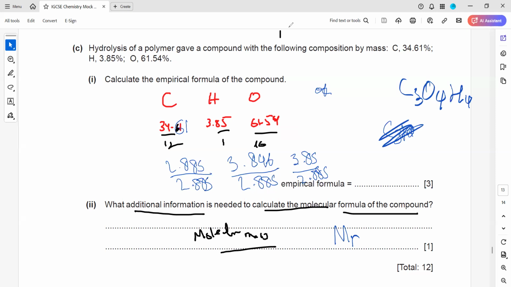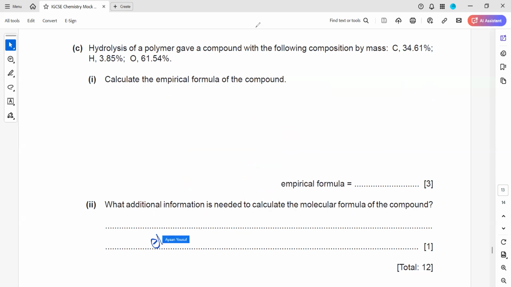So the steps whenever you need the empirical formula: step number 1, you divide by the relative atomic mass. Step number 2, you divide by the smallest value in the combination.